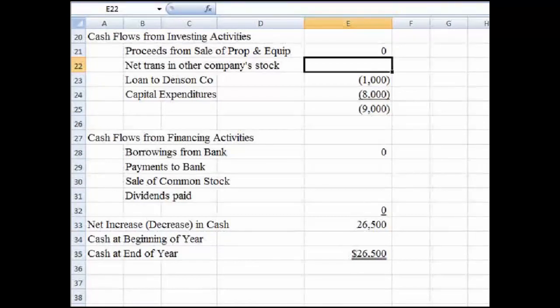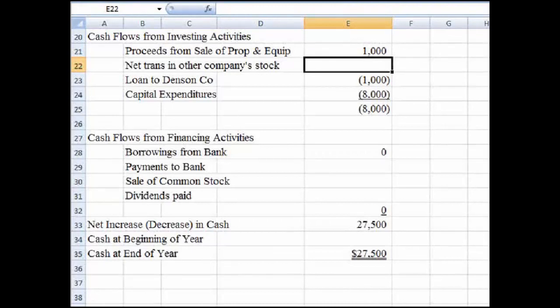Directly under that item on the list in the book is sold equipment for cash of $1,000. This is entered on the form next to the proceeds from the sale of prop and equipment. Of course, prop stands for property, and the number entered is a positive $1,000.